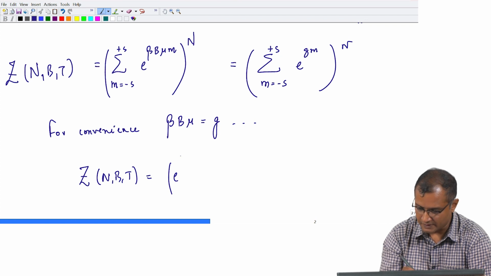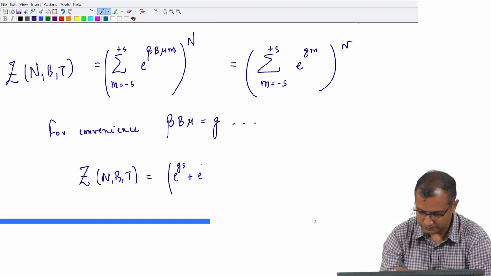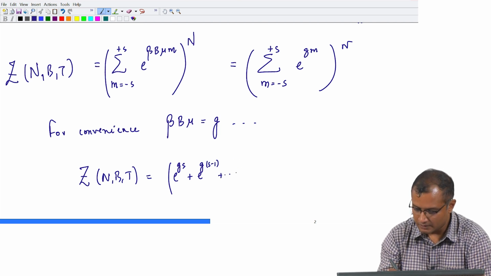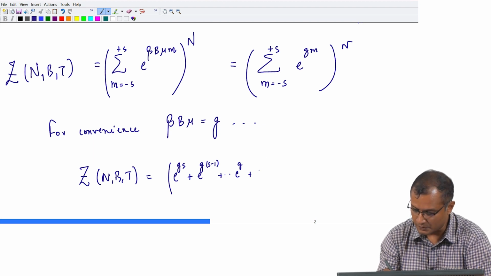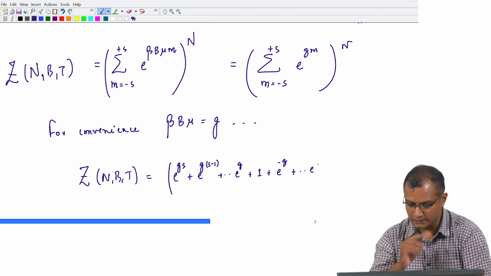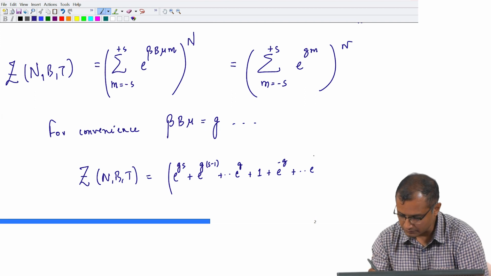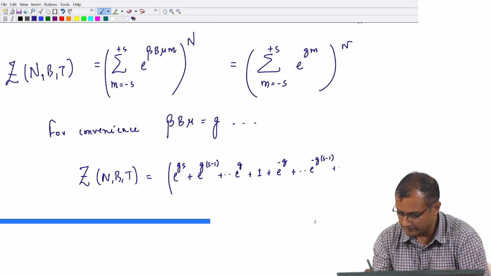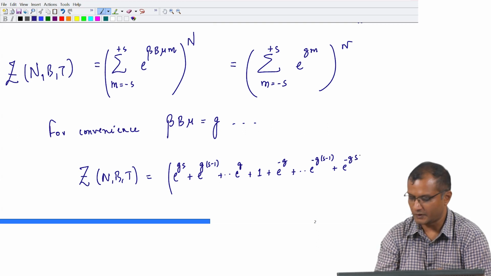Suppose the first terms I write down from the positive side: e to the power g s plus e to the power g (s minus 1), all the way to e to the power g plus 1, plus e to the power minus g, plus so on.